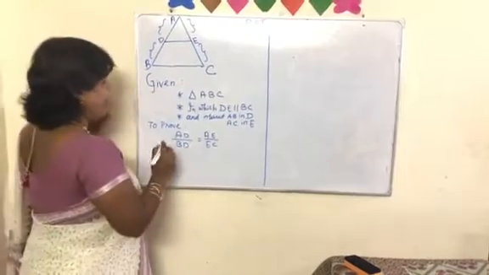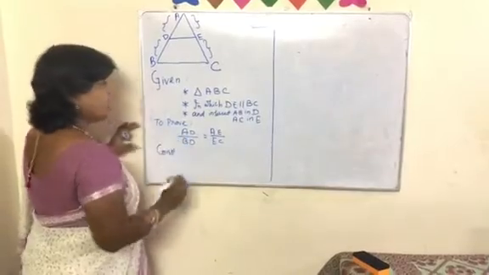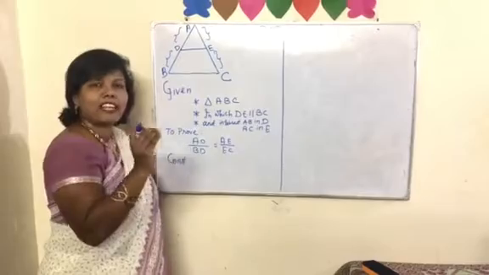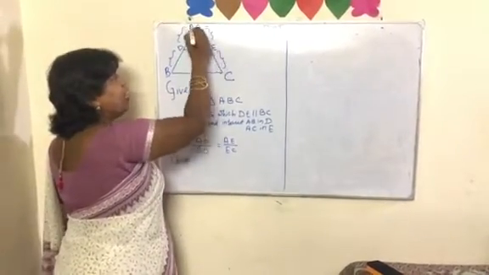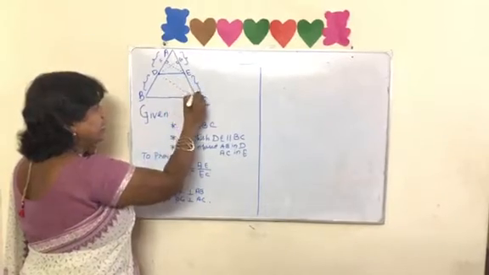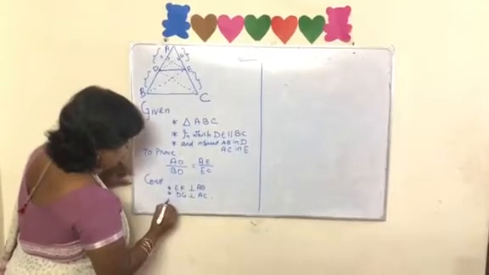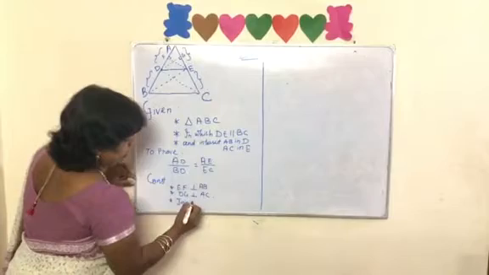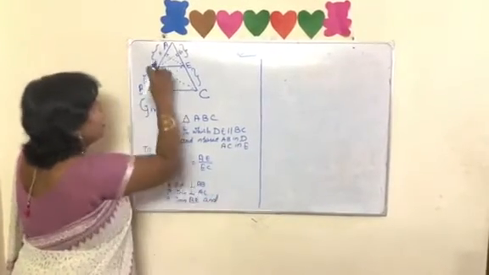The next step, construction. For the proof, we are going to construct lines. The lines should be dotted lines. Join BE and DC.